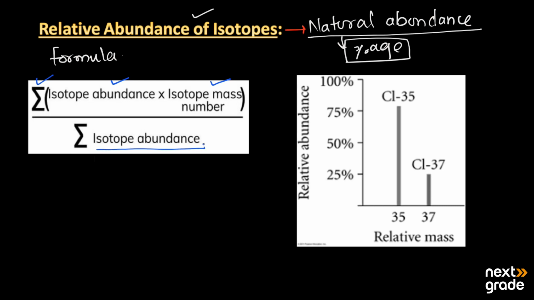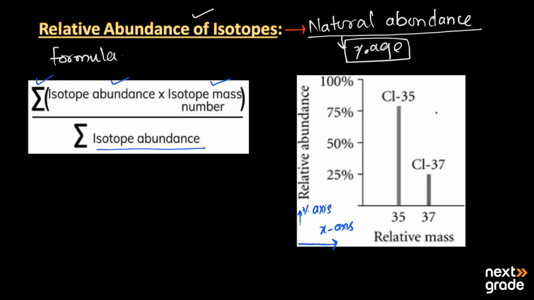Likewise, here we have the presentation of relative abundance along the y-axis, and the relative mass of the isotopes along the x-axis.